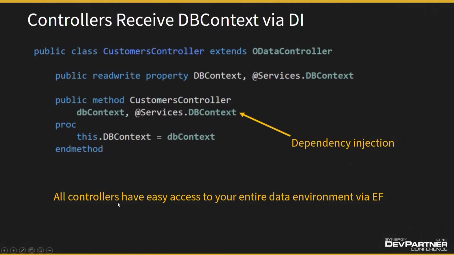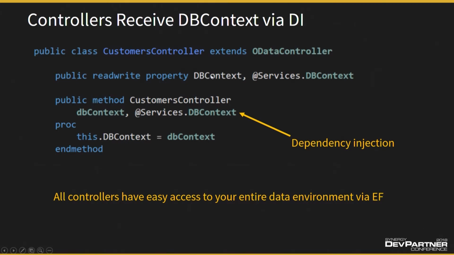Okay, if you peek into the code that's generated, what you're basically going to see is a controller in the controllers folder for each of those entities that we're serving up, and you'll see dependency injection happening. So here's the constructor for the customers controller, and you can see it's receiving an instance of DbContext. So DbContext is the EF provider, the runtime instance of the EF stuff, and we save that away in a local member, and that DbContext is now available to any endpoint methods within the controller.